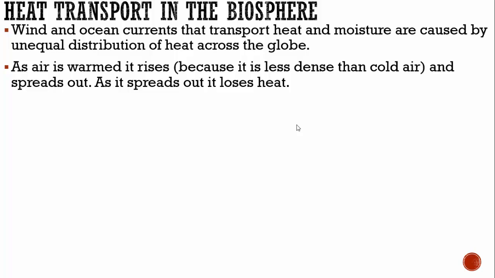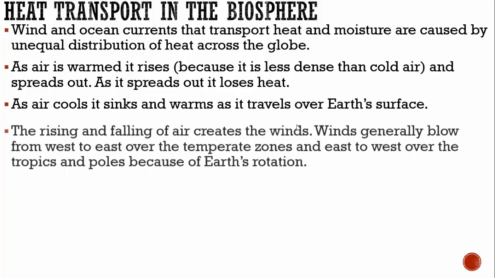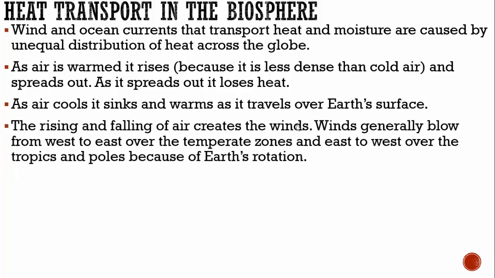Now, as it spreads out, it loses heat, causing it to become cooler, and it will sink. And as it warms up, it will travel over Earth's surface. When we're talking about air cooling and sinking, warming, and rising, that's going to create the winds here on Earth. Now, winds generally blow from west to east over the temperate zones and east to west over the tropics and poles, and that is due to Earth's rotation.